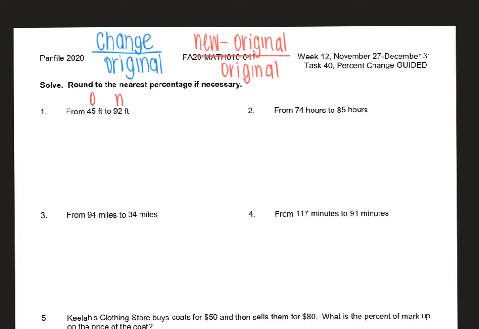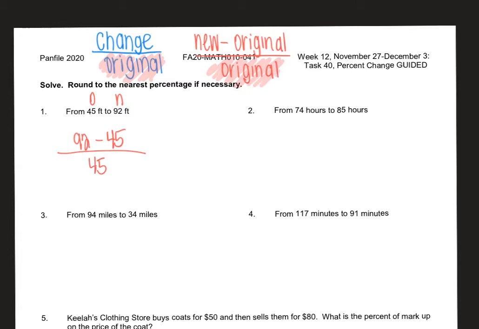When I put this in the formula, I'm going to put 92 minus 45, and then I'm going to divide by 45 because that is, again, where I started. That is my original. So really the important thing here is to remember that you're dividing by the original.